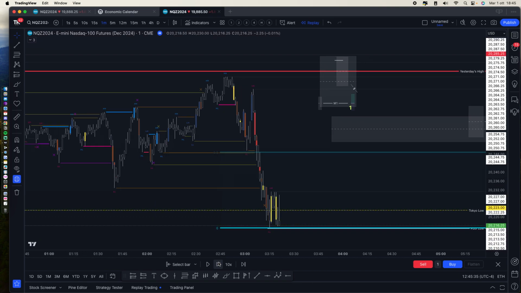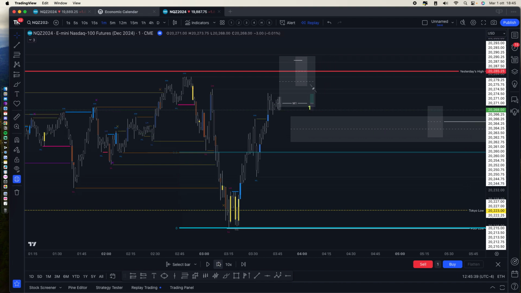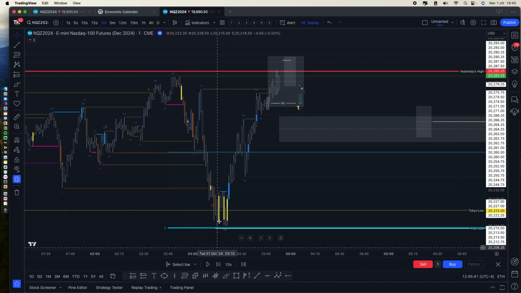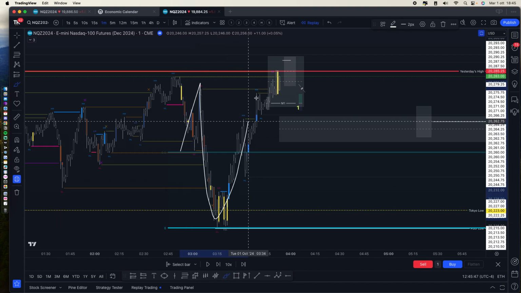the first trade that I took this morning during the London session, so we are opening, and usually we have the first manipulation like this.